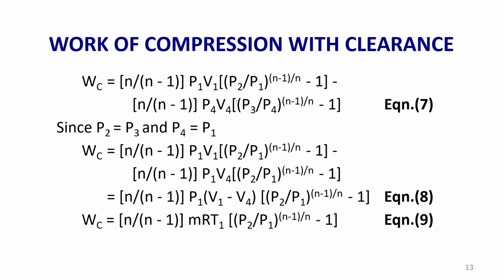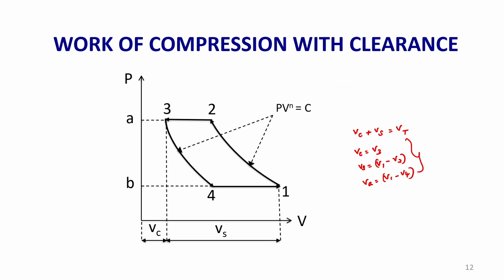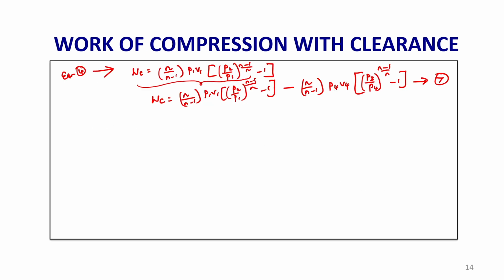So, let me explain again. Here clearance is provided, the clearance volume is Vc, which is nothing but V3. So, first I am writing the equation for the compression process. This equation is for without clearance, which we have: n by n minus 1 into P1 V1 into P2 by P1 whole power n minus 1 by n minus 1, minus this portion.